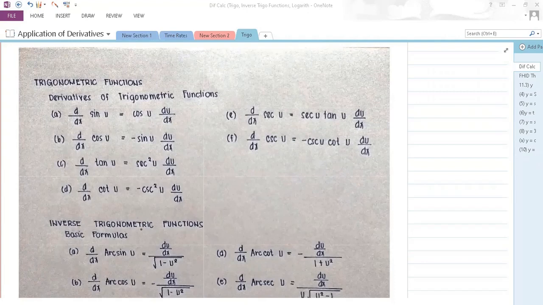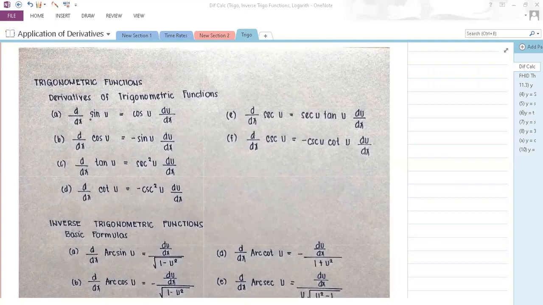For this video, I will be discussing the trigonometric functions. So we have here the basic derivatives of trigonometric functions. As much as possible, you have to familiarize yourself with or even memorize these derivatives.